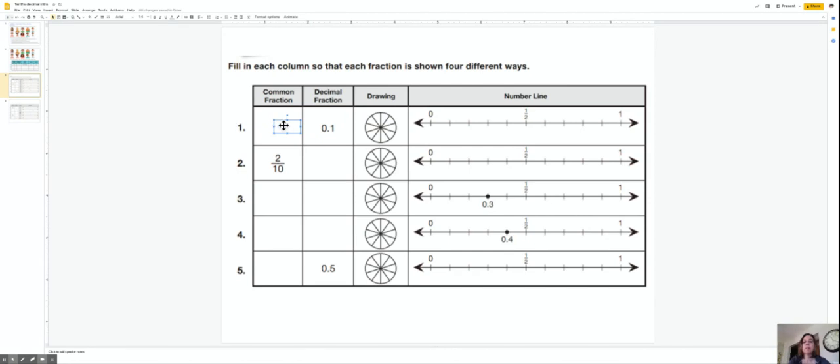So the common fraction would actually be 1. The line here is a little bit tricky, so before I do my 1, I'm going to do an underline up here. My things are so small so that you can see this, so it's a little hard to see.